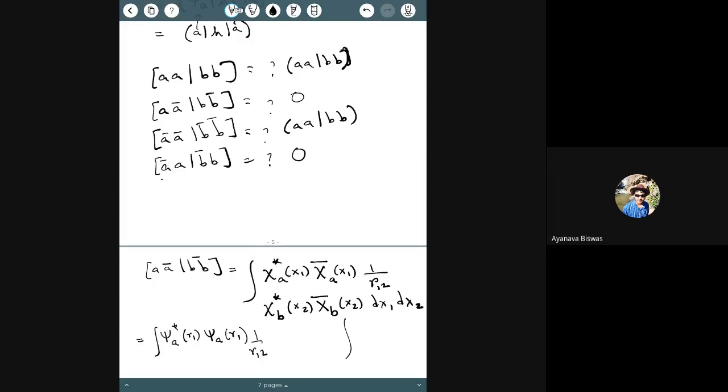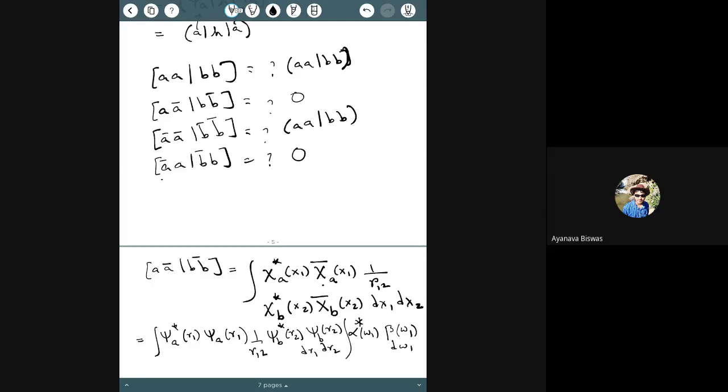This was an alpha spin, so alpha omega 1 star, and from here you have beta omega 1, d omega 1. Then from the right hand side we have psi B star r2, psi B r2.